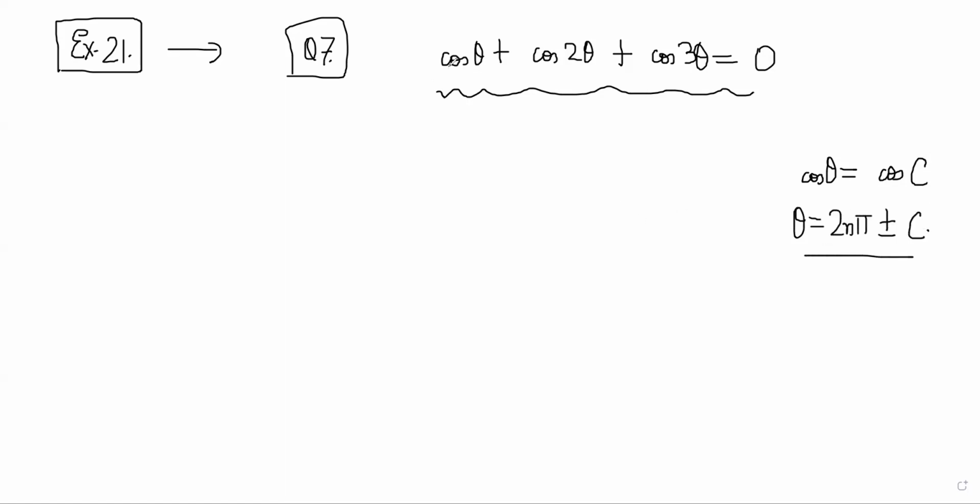So I have to simplify this to get to this stage. What I will do is I'll group first and third one together. That will give me 2 cos c plus d by 2, which is 2 theta, and cos c minus d by 2, which is theta minus 3 theta by 2, which is theta only, right?